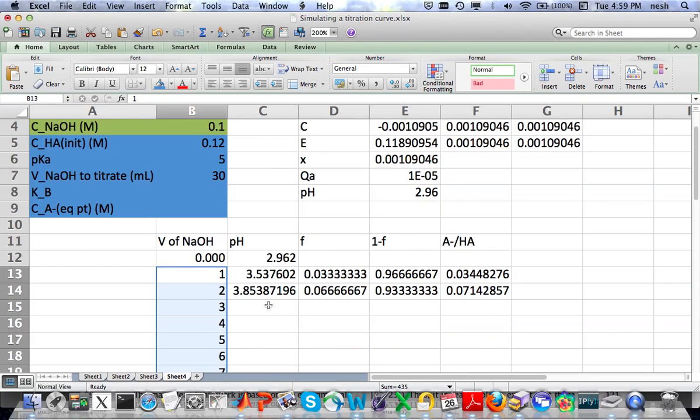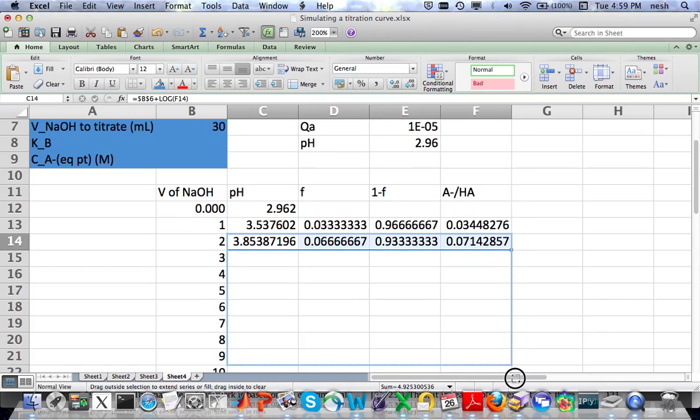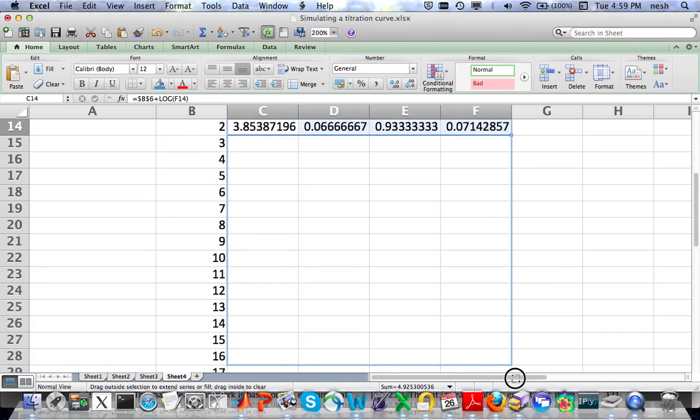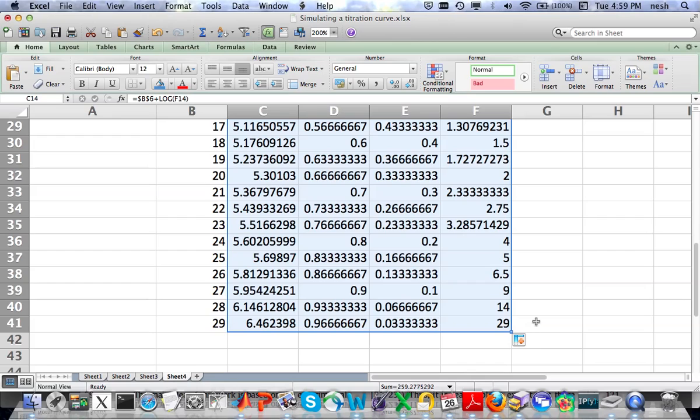And now I'm going to grab these and go to the lower right and fill those down. And there we go. And I think that's looking pretty good.